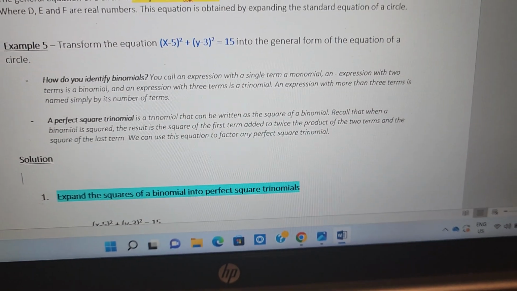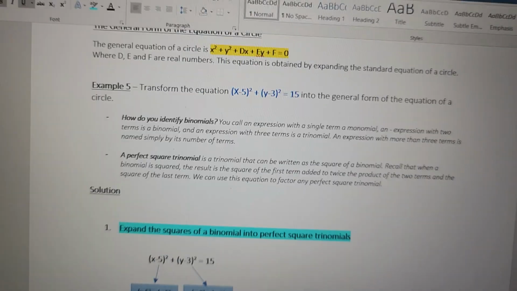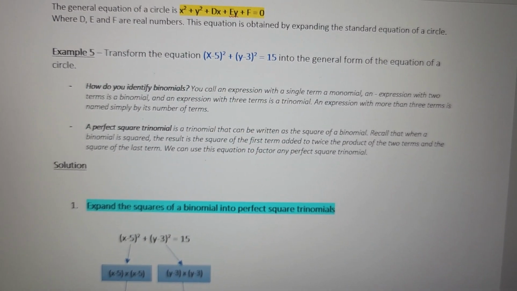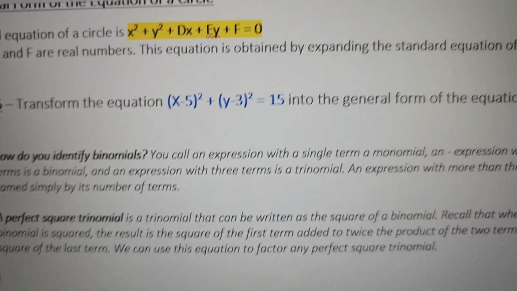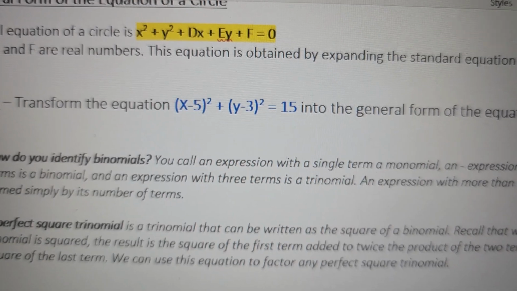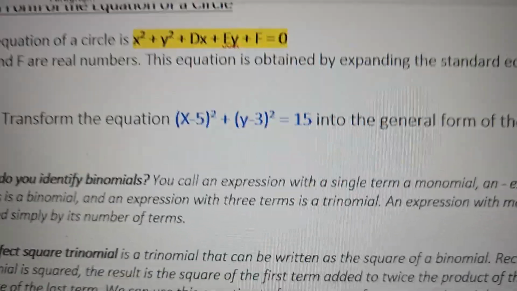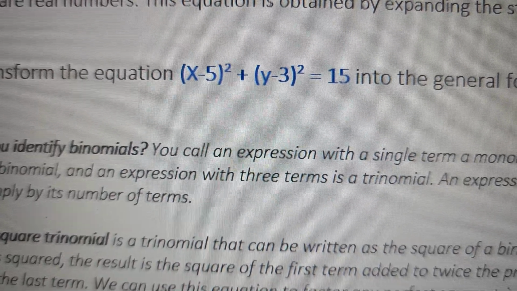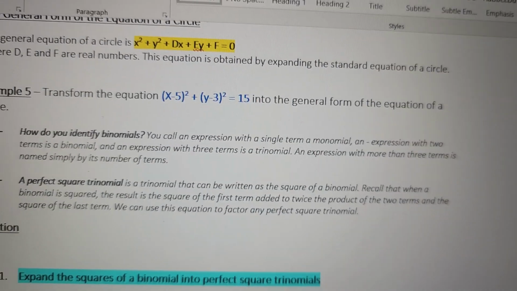Because this equation is the standard form of the equation of a circle, the value of h is 5 and the value of k is 3. This means the center (h, k) is (5, 3).